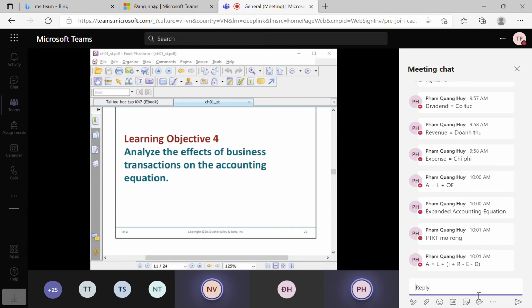You have three equations to remember. A means assets, L liability, I means investment or capital, R revenue, E expense, and D dividend.